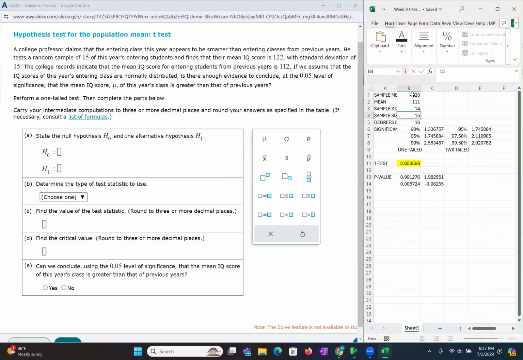So sample mean 122, this is 15. It says the college records indicate that the mean IQ score for previous students is 112.